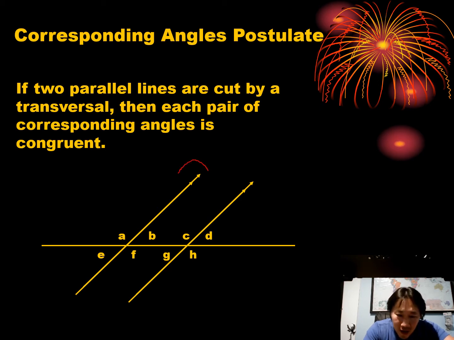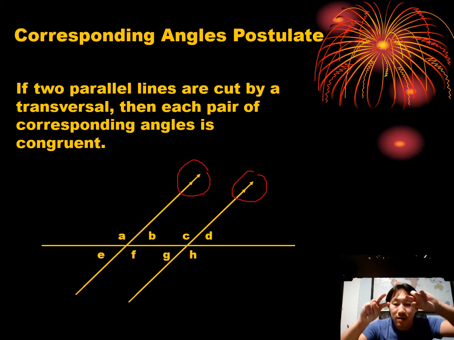I know it's kind of hard to see, but if you see this little double arrow, there's two little arrows in there. Whenever you see those arrows on lines, that's the way we denote parallel lines. So if you see the arrows, that means the lines are parallel.